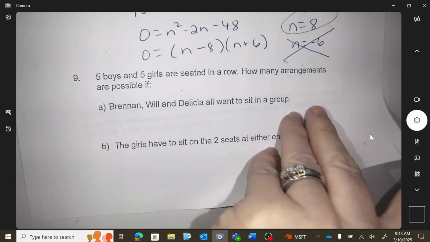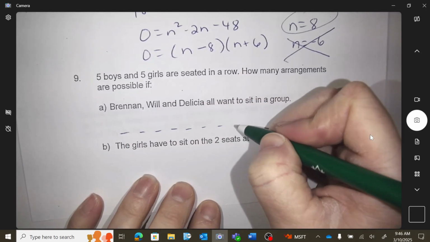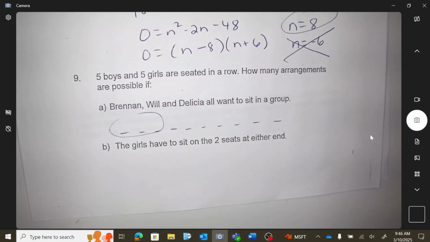Okay, what do we got? 3 more questions and then we're done. Brennan, Will, Delicia want to sit beside each other. Three people are trying to make sure they're chunked together in their seats.